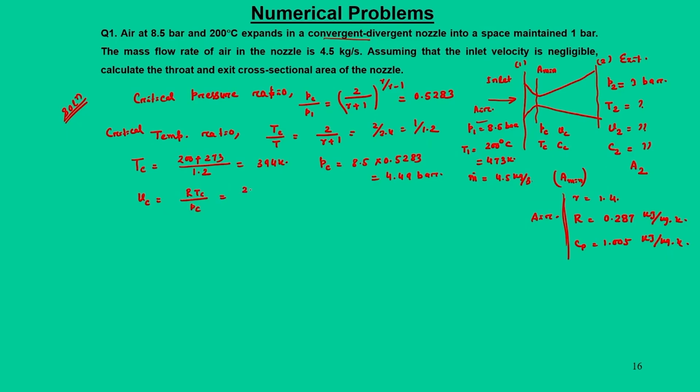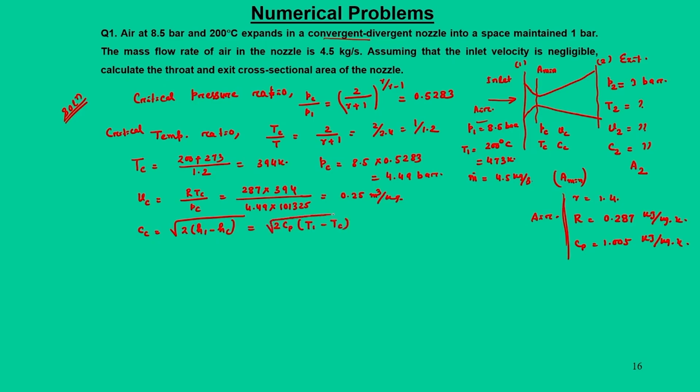that is R Tc by Pc. R is 287, Tc is 394, Pc is 4.49 into 101,325, converted to Newton per meter square. So, this number we get 0.25 meter cube per kg, and Cc is equal to the square root of twice times (H1 minus Hc). So, we can say the square root of 2 Cp (T1 minus Tc).